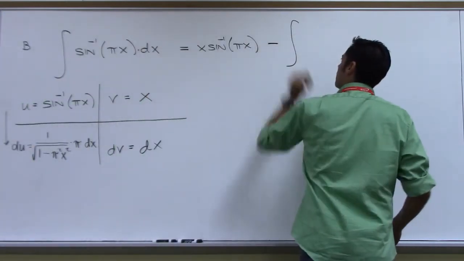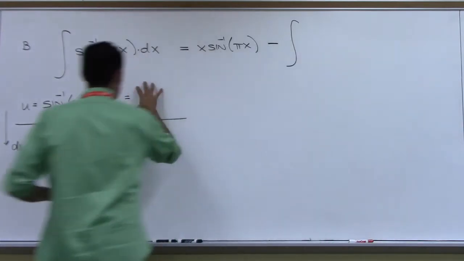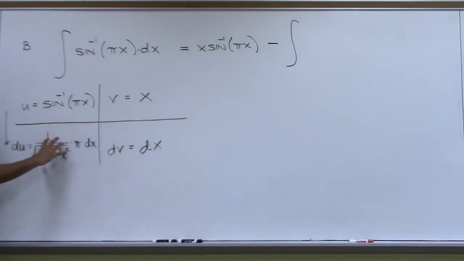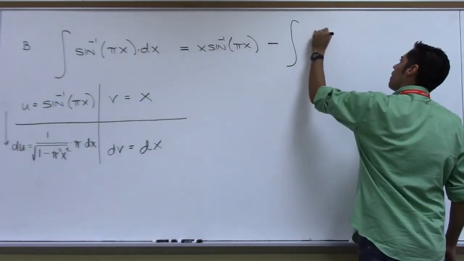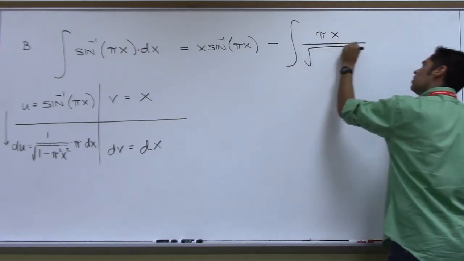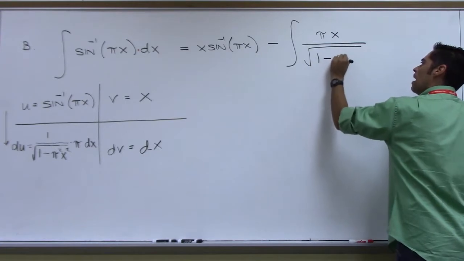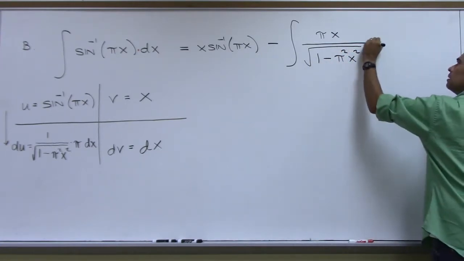And then let's do v du. So you got to multiply this times this, right? So where's that x going to appear? Up top, right? With the pi, right? So I could put pi x over square root 1 minus pi squared x squared dx.